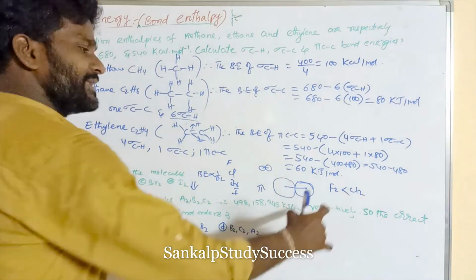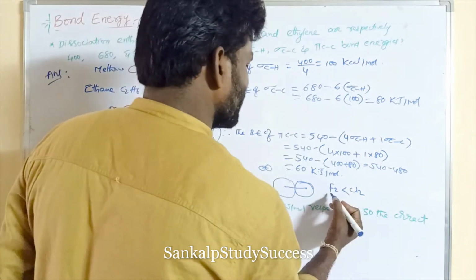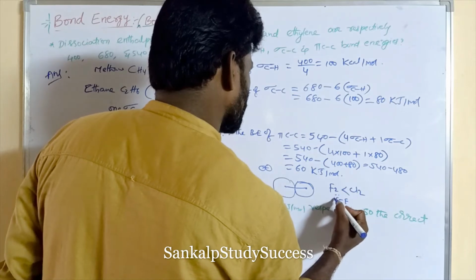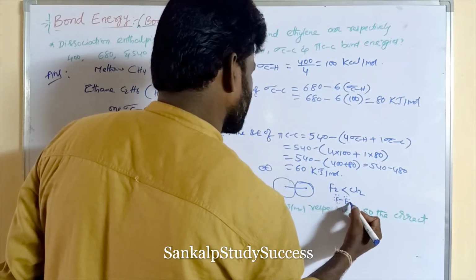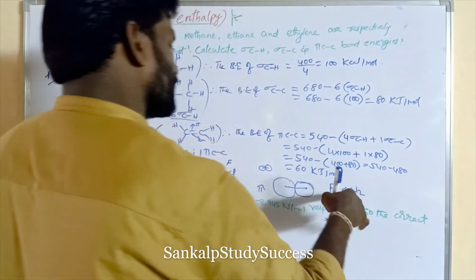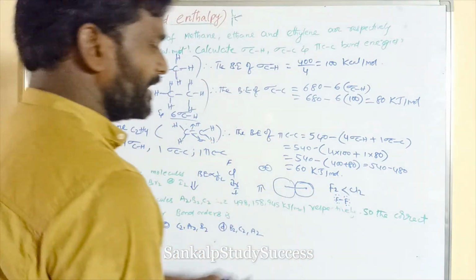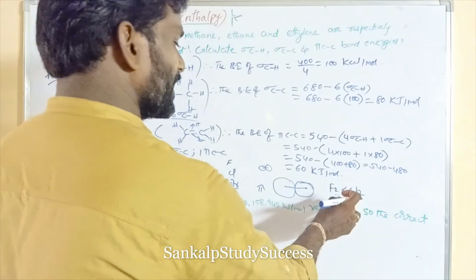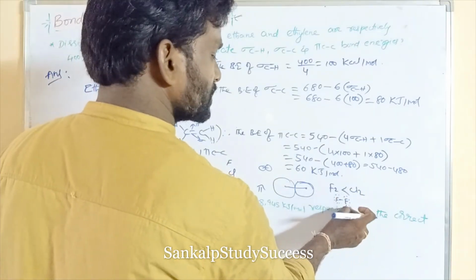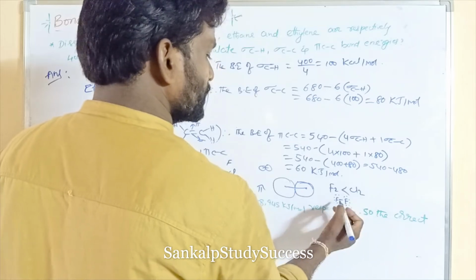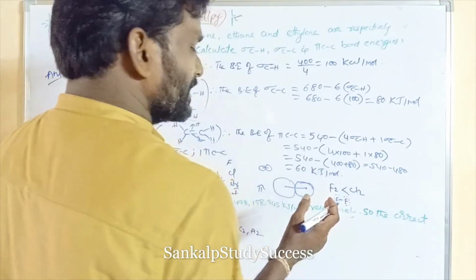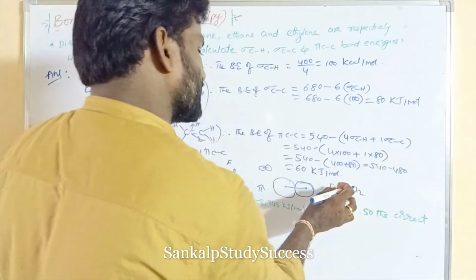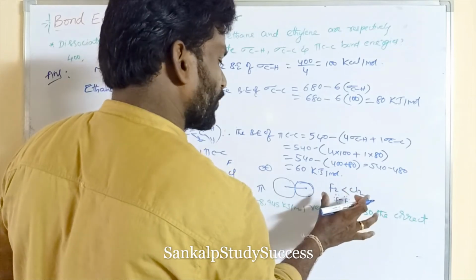The size of fluorine is very small, and due to the small size, the lone pairs on fluorine atoms repel each other. Here each fluorine has 3 lone pairs, so the repulsive force between the lone pairs is high.